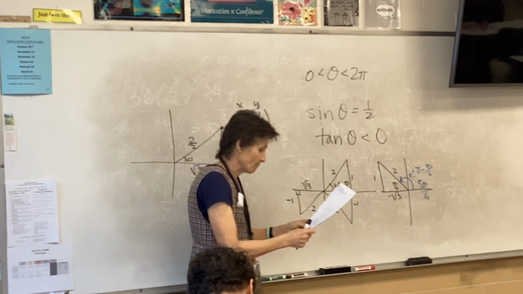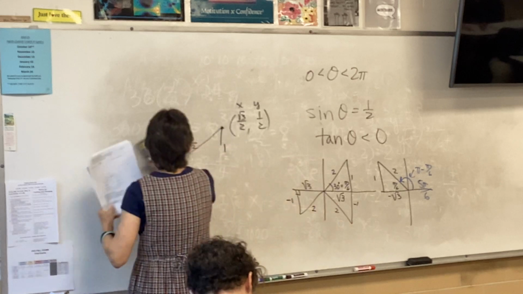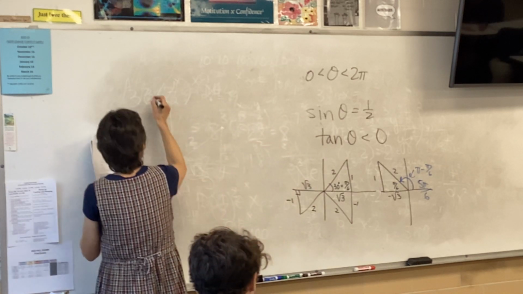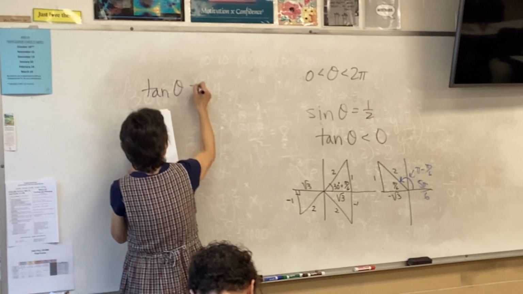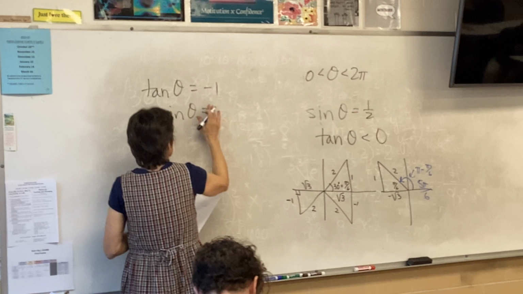All right, one more. It says the tangent is -1. The tangent is -1, and the sine is negative.